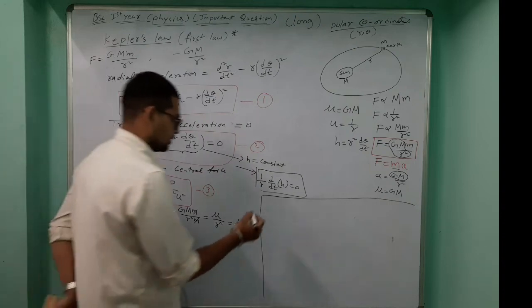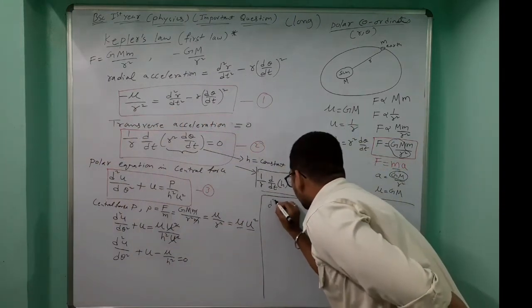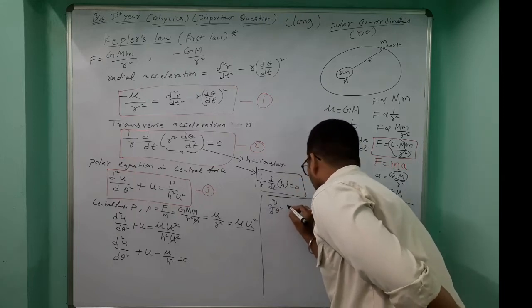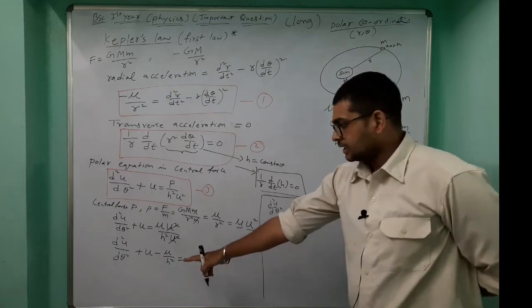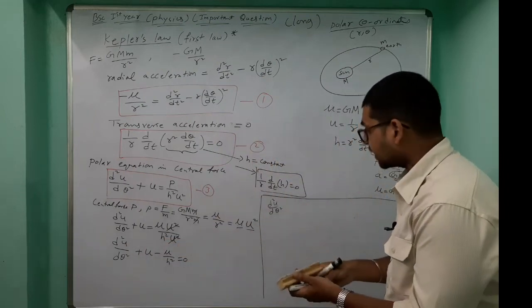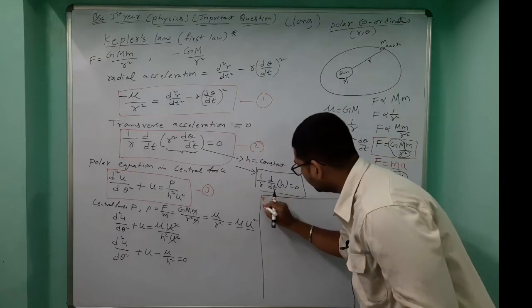So see, d square u by d theta square. I'm writing this u like this. This is a very important step, you have to remember.